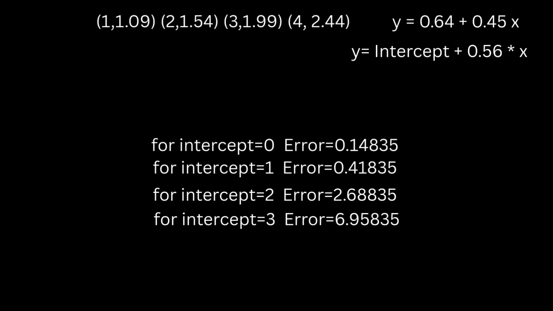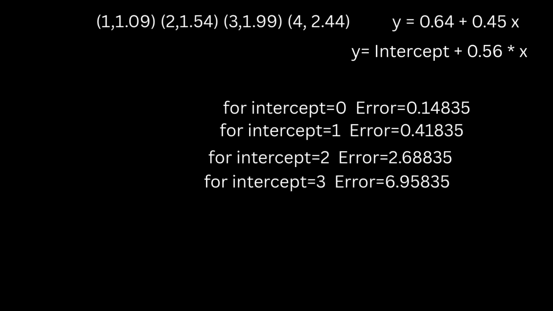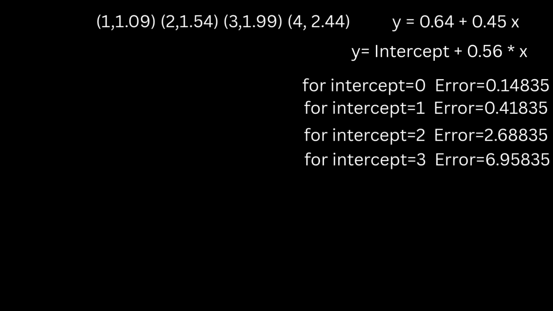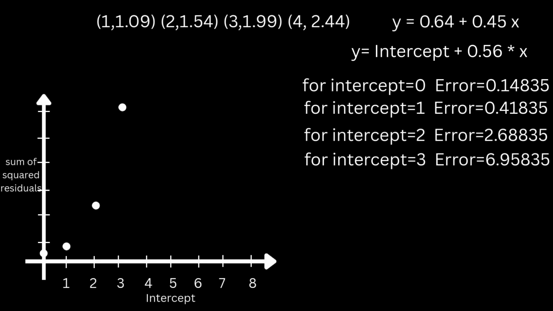Let me try to explain this analogy using a graph, then you will be able to understand why these errors are coming like this. Just by taking these four intercepts we can't judge the errors. So let's build a graph first and analyze. Let's put points on the coordinates, and as you can see I have put the points for all the intercepts and errors, and let's try to draw an imaginary line.